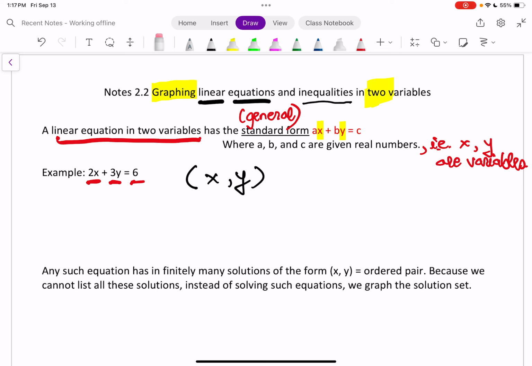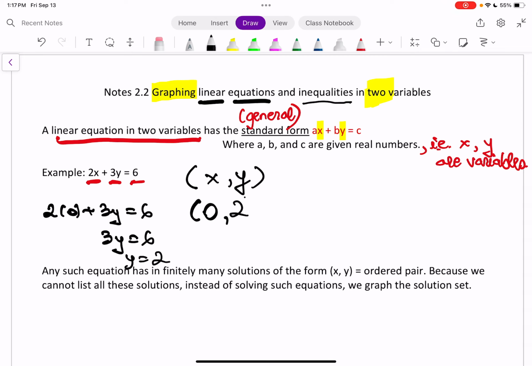And if we try and come up with some answers for this, we, by the way, have already done some in the previous chapters. Let's say I'm substituting x with 0. Then how much is the corresponding y going to equal? Again, we've just practiced solving equations in one variable, really easy.